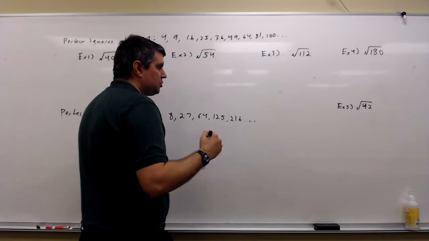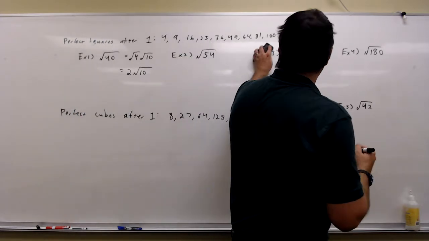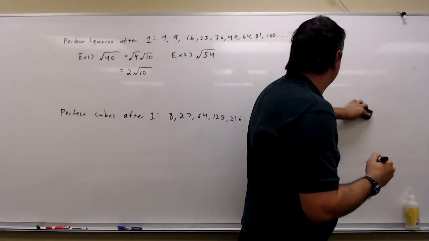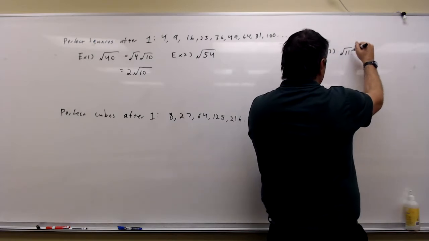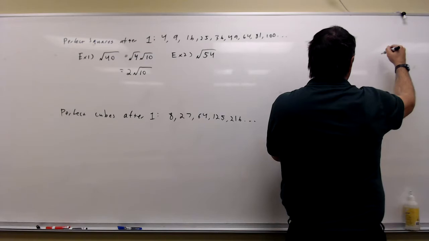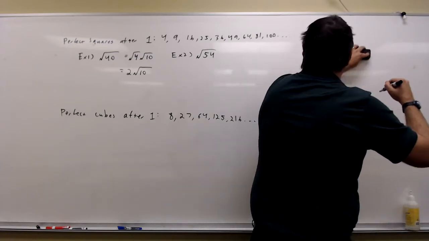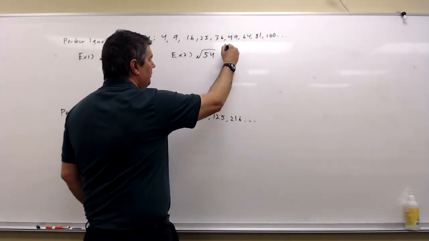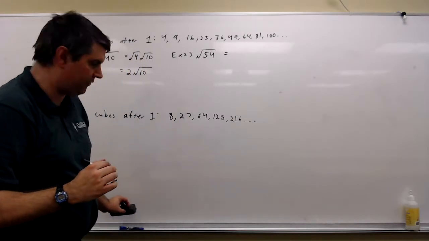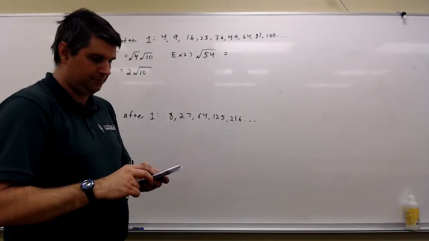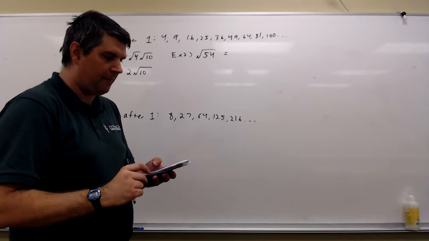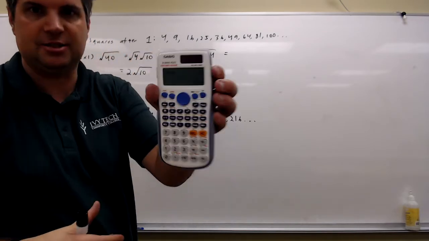Now for the square root of 54, I'm going to move these down. I'll deal with these later. Square root of 54. Now, folks, 54 is not divisible by 4. 54 divided by 4 is 13.5.